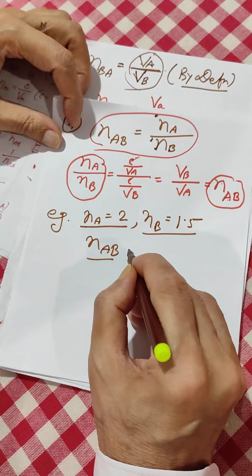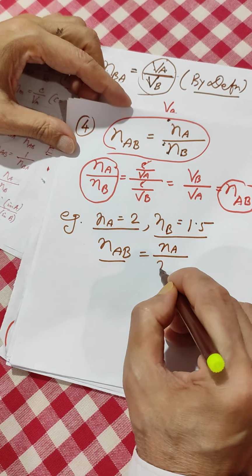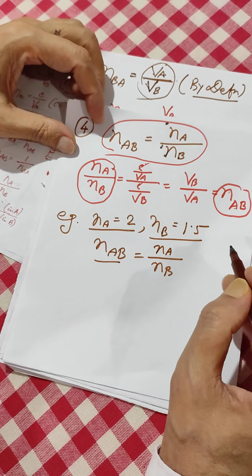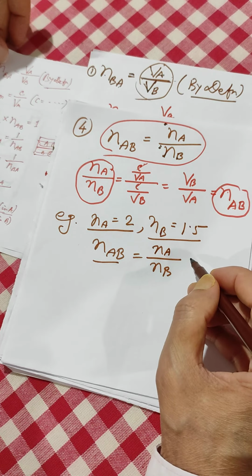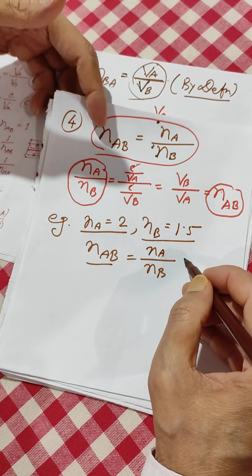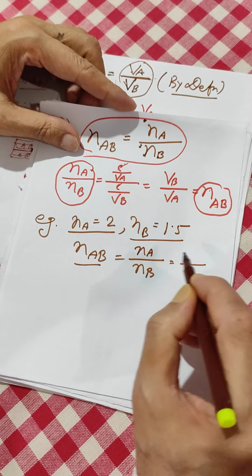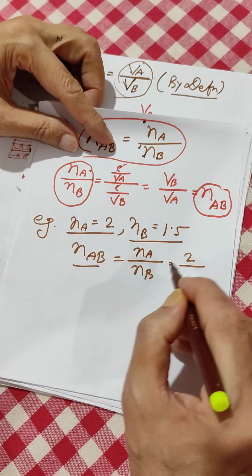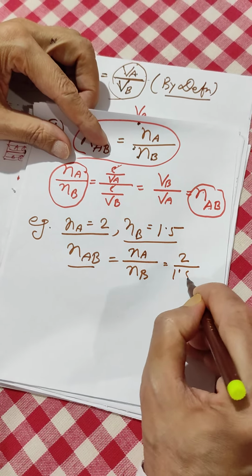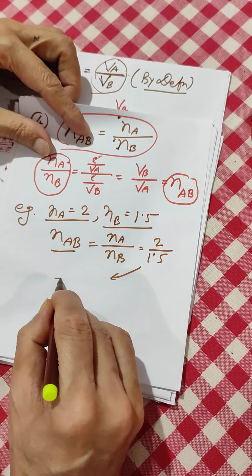So just use the formula, NAB equals NA by NB. Putting the values, NA is given 2, NB is given 1.5. So you calculate.